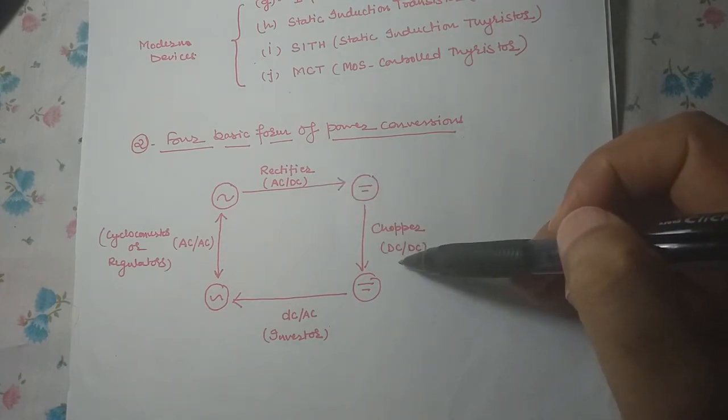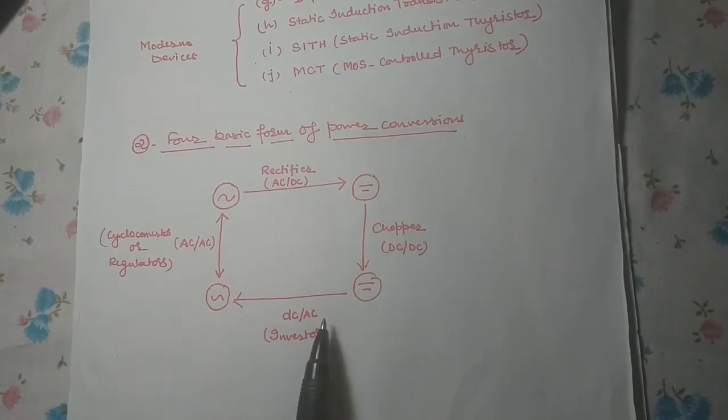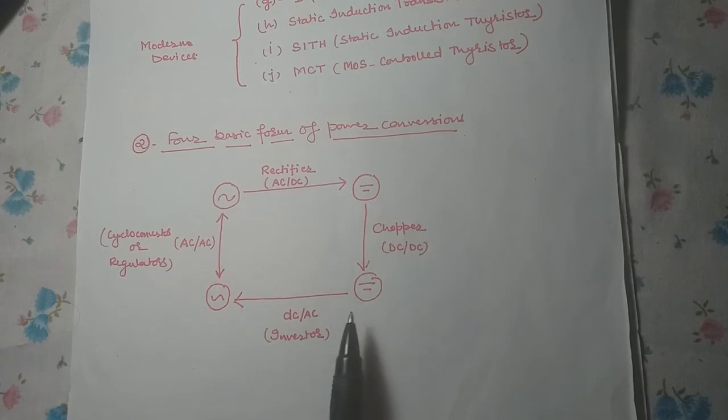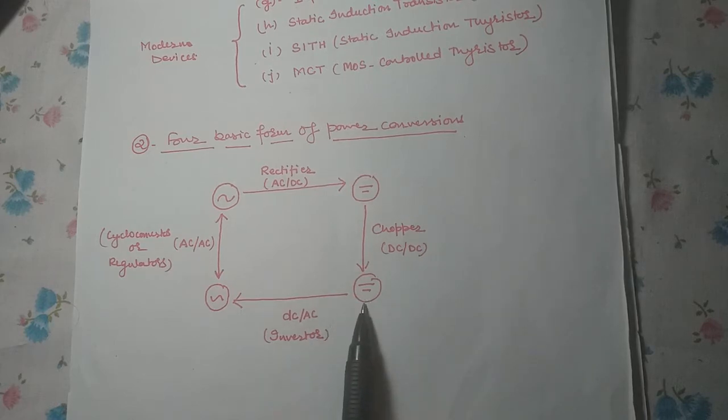Now coming to the third type of converter, which we know as the inverter. It converts DC to AC.